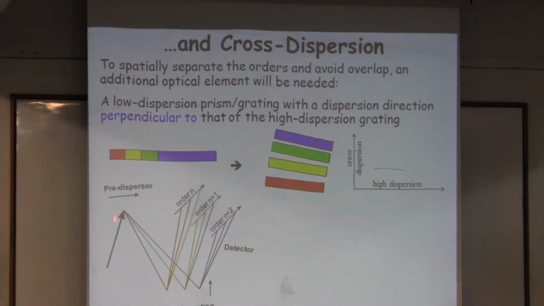But the pre-disperser has a relatively large dispersion here that separates different wave bands. And so we have these orders spread in space. We still have the orders 50, 51, 52, 53, but they're not on top of each other anymore because we have an additional disperser here. We have stretched them in wavelength in the other direction. So that's the trick people play by using a pre-disperser.